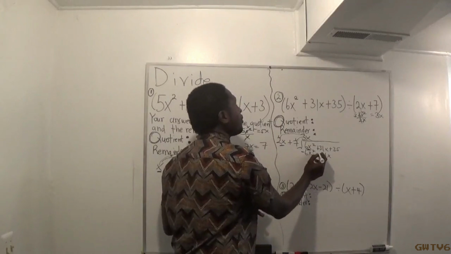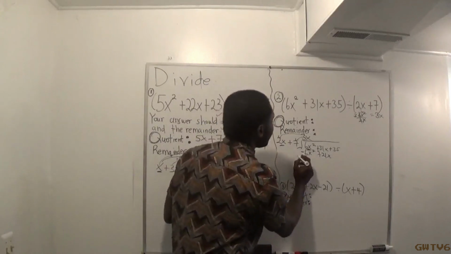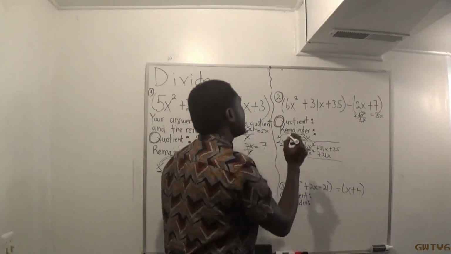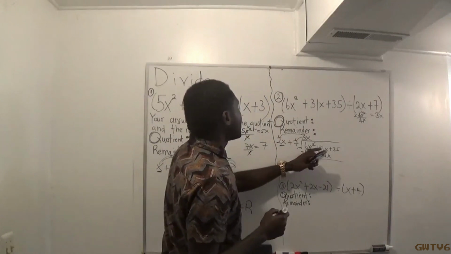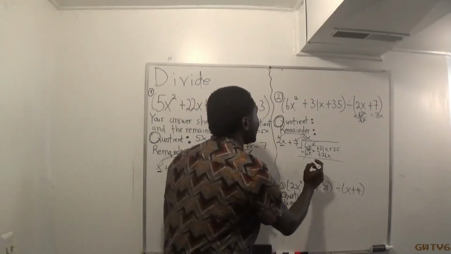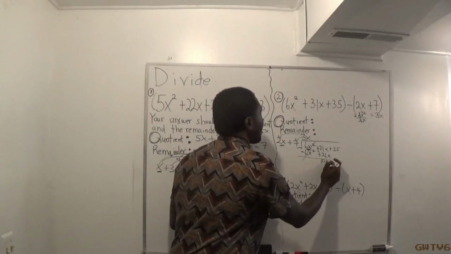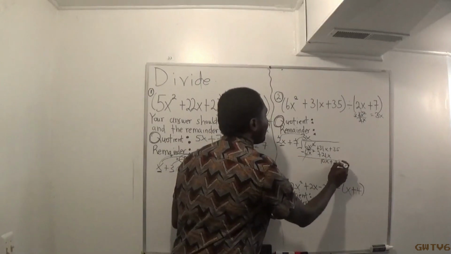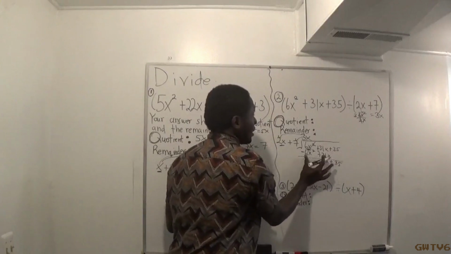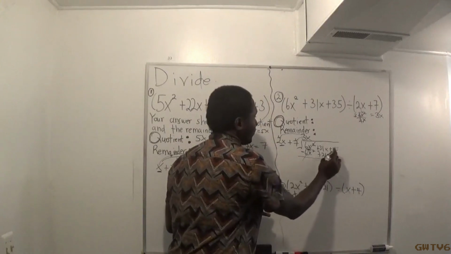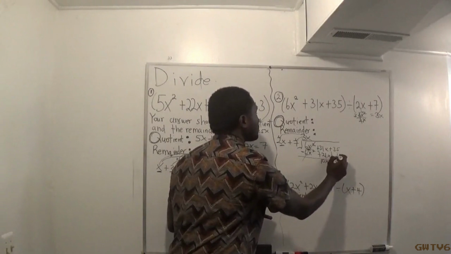And then whatever I do here, I know I have to do the same thing right here. So I minus right here. This will cancel. So I have 31 minus 21, which is 10x. And then plus my 35. Because always when I'm done here, I bring what I have on the right side, just bring it down.